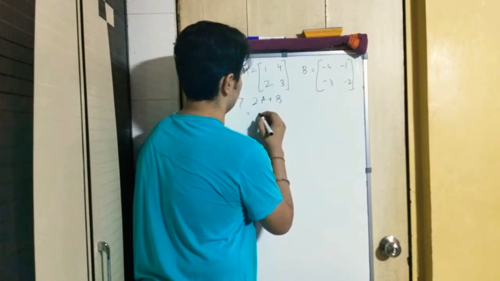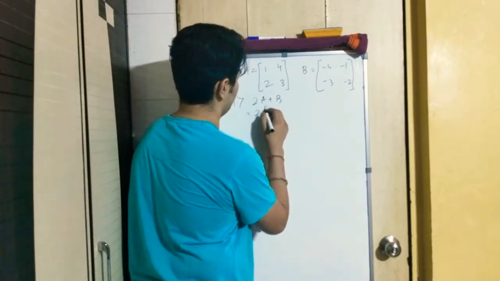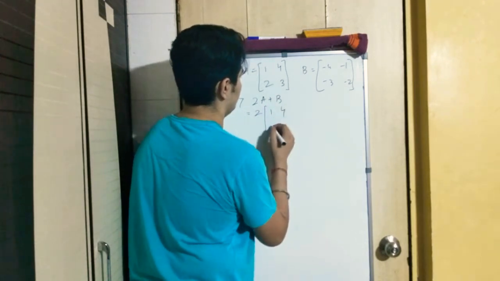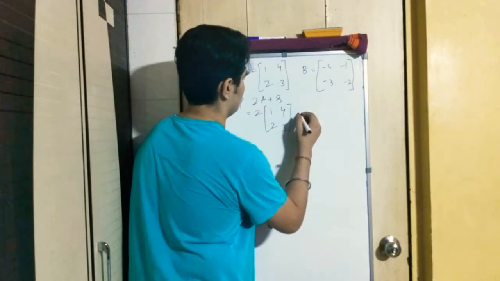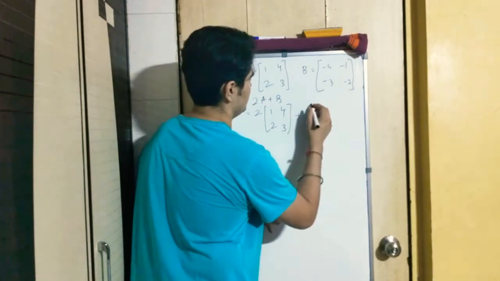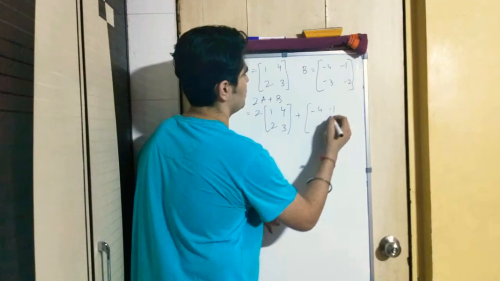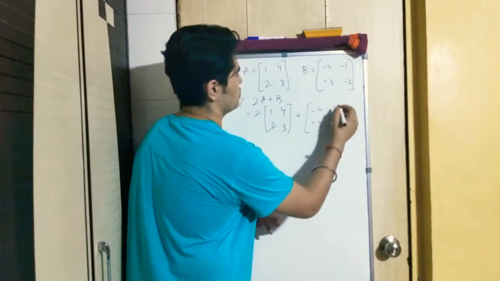A is equals to, so 2 into 1, 4, 2, 3, plus B, that is minus 4, minus 1, minus 3, minus 2.